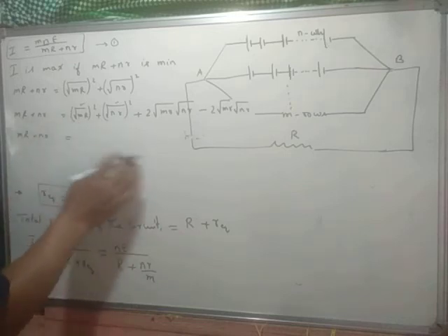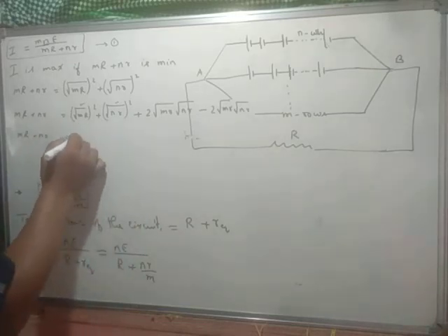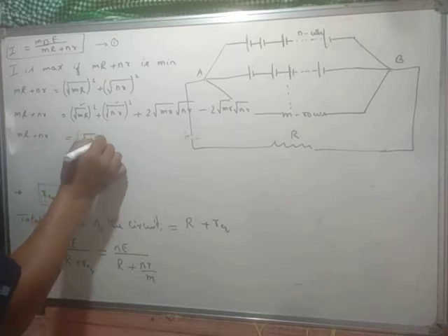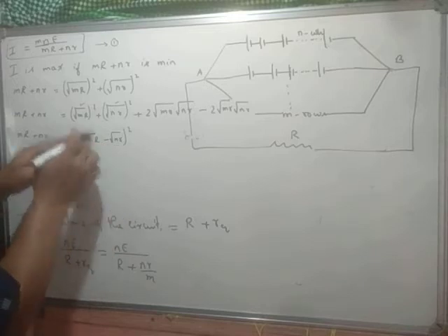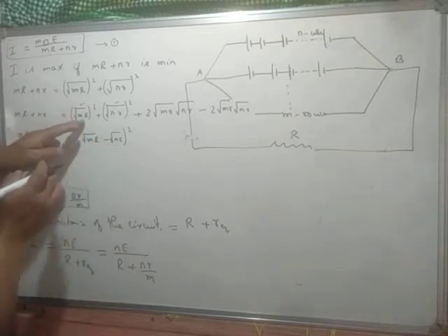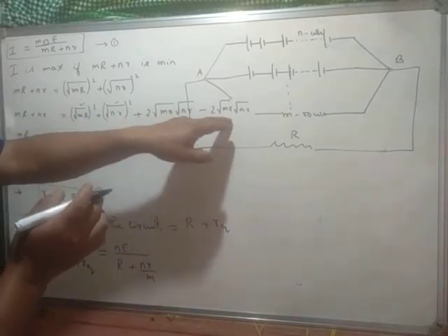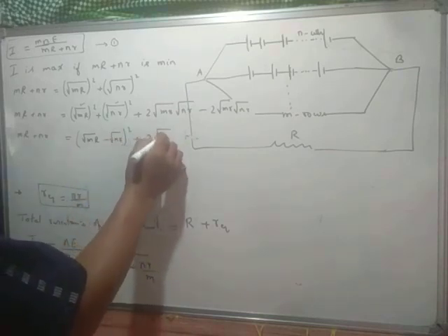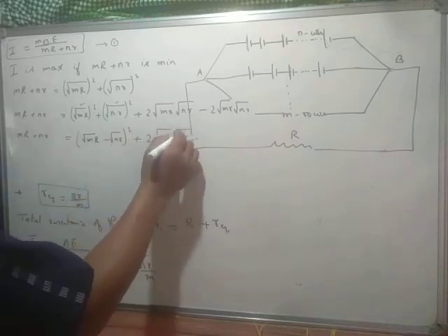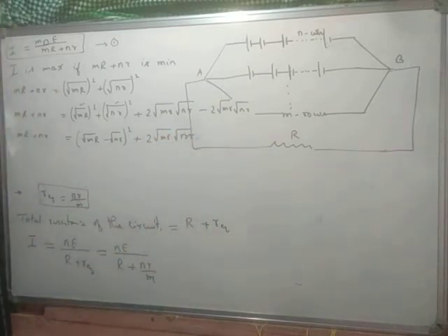To shorten the step, I will write this as equal to root MR minus root NR whole thing square. So when you write this, you'll get MR square plus NR square minus 2 MR NR. So outside you'll have just 2 square root MR root NR.